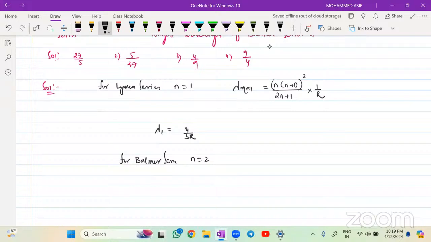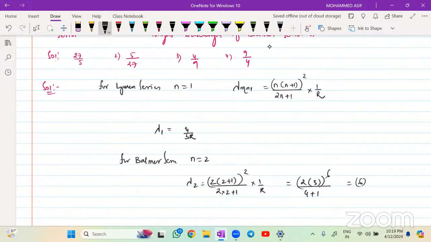If I keep n equal to 2, lambda 2 will be 2 into (2 plus 1) whole square divided by (2 into 2 plus 1) multiplied by 1 by r. 2 plus 1 is 3, 2 into 3 is 6, and 6 square is 36, divided by 2 into 2 is 4 plus 1, which is 5. So it is 36 divided by 5r.